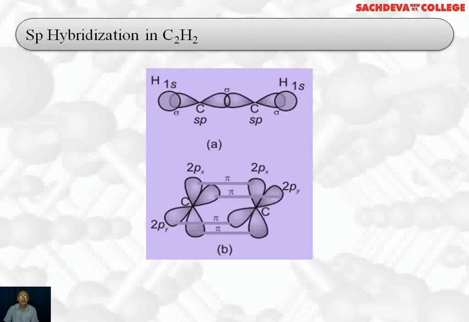So there is 1 sigma bond between carbon and carbon, 1 sigma bond between carbon and hydrogen, another sigma bond between carbon and hydrogen, and 2 pi bonds between carbon and carbon formed in the acetylene molecule, or C2H2 ethyne molecule. Hybridization is sp, shape is linear, bond angle is 180 degrees.